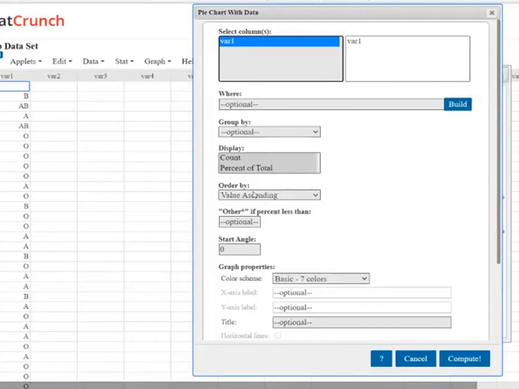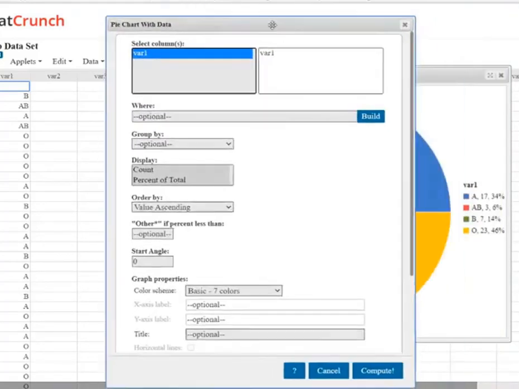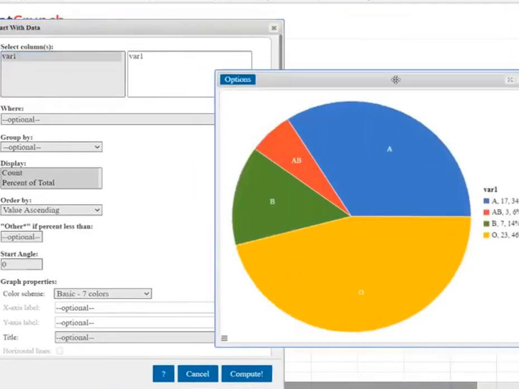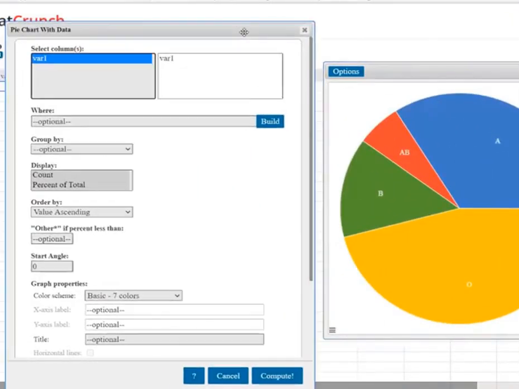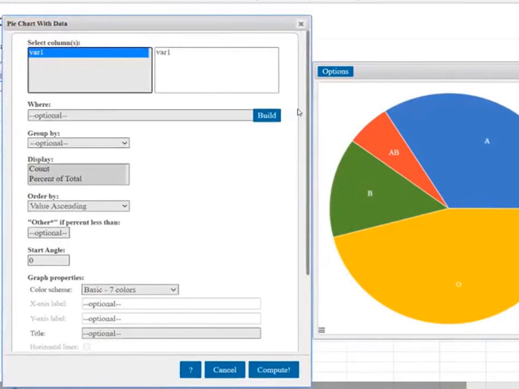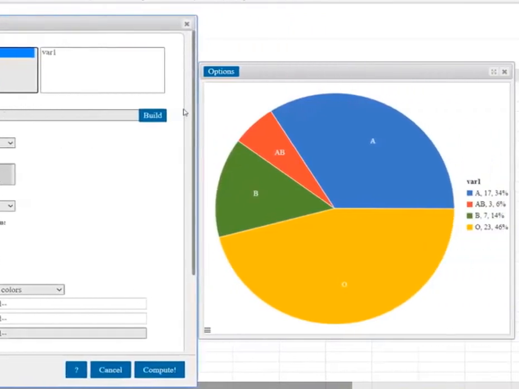This option says value ascending. So what that means is, if you look at this graph right here, ascending order as far as StatCrunch is concerned means alphabetical. So it's starting with A, then it went to AB, then B, then O. So it put these pieces of pie in alphabetical order.